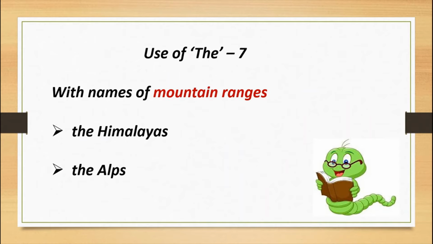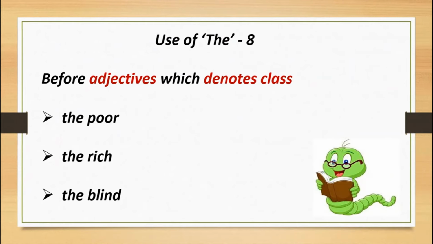For example, the Himalayas, the Alps. Rule 8. Before adjectives which denotes whole class. For example, the poor, the rich, the blind. Here we are talking about the whole class of blind people.